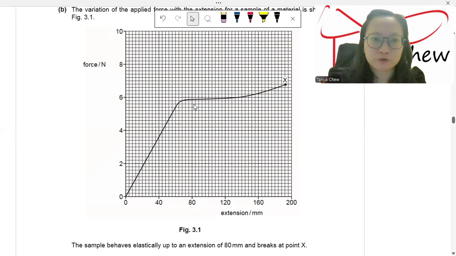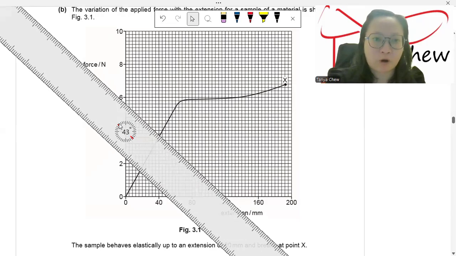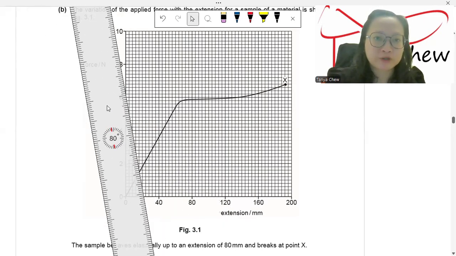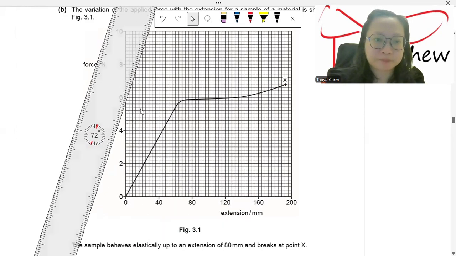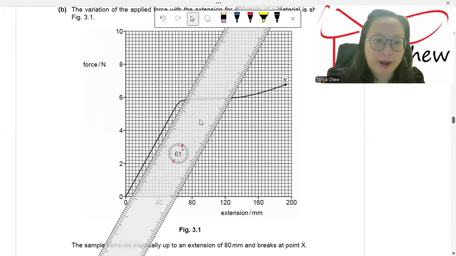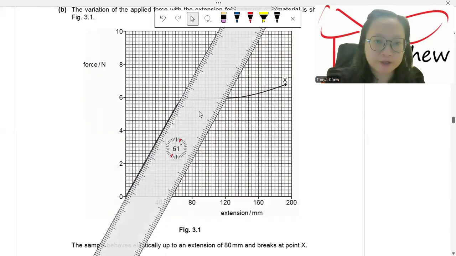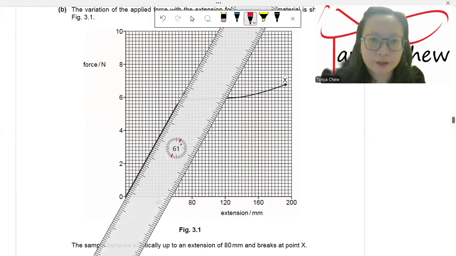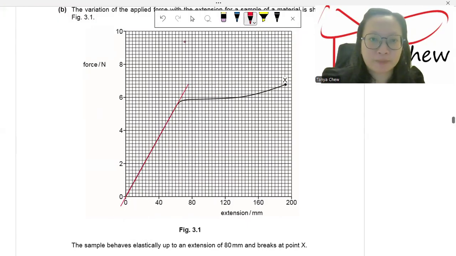Now, when you go into the examination hall, first of all, take out the ruler. What you are supposed to do is that from origin, you draw a straight line to see where the straight line stops behaving like a straight line, right? So I'm going to draw. Okay, it is right here. I am using the red color to draw. I'm done with that. Keep my ruler.